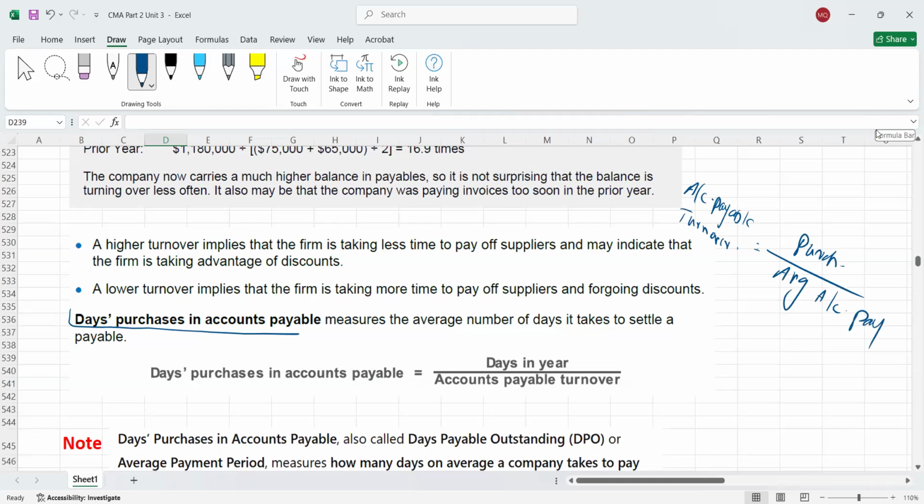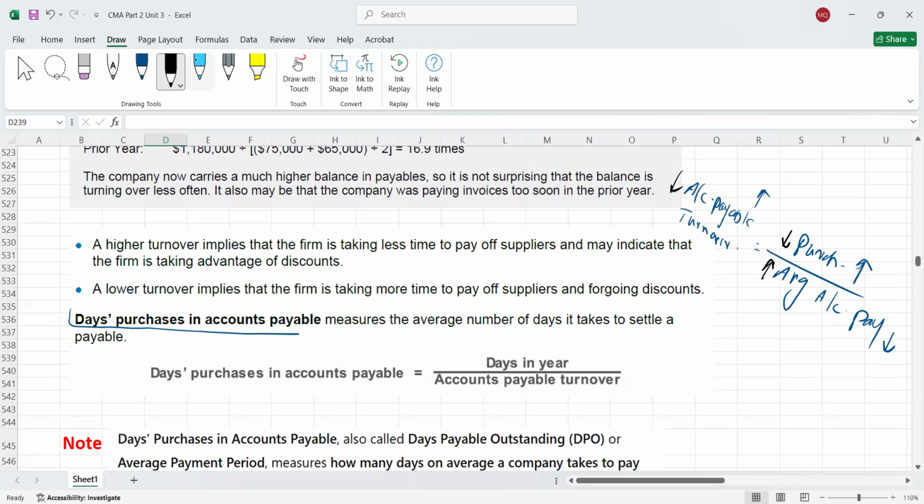Now, when will turnover ratio be higher? If your numerator will increase or your denominator will decrease, so your payable turnover answer will be higher. And when it will be lower? Either if your purchases will decrease or your denominator will increase, so then this accounts payable turnover ratio answer will be lower.